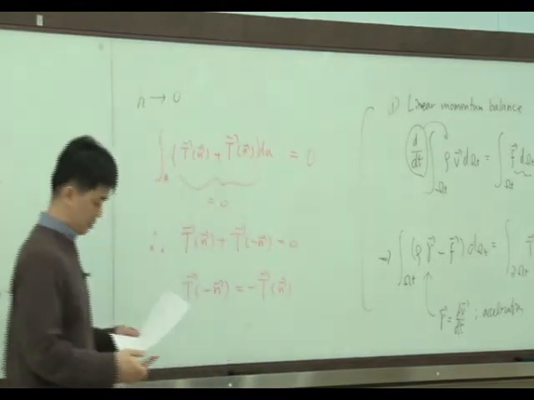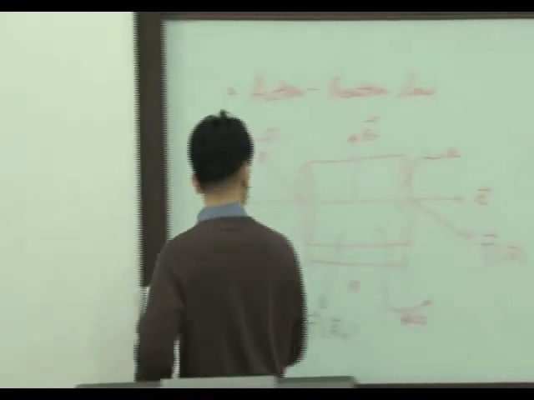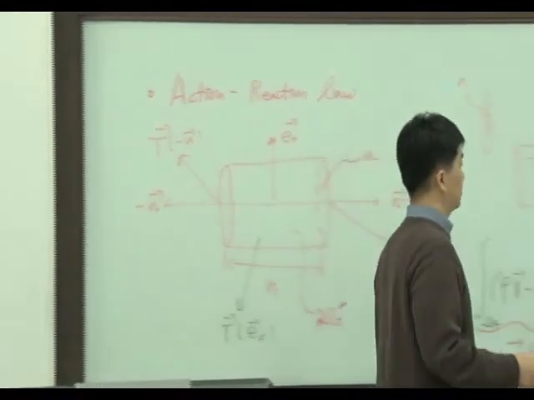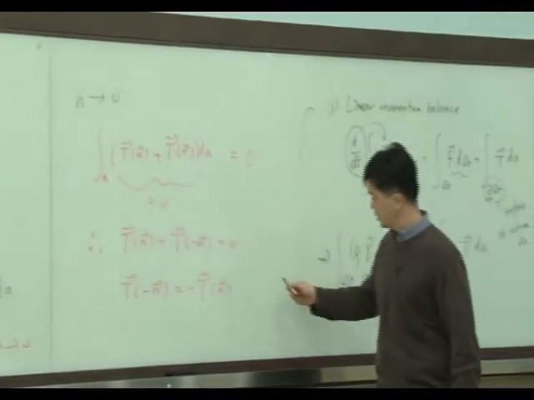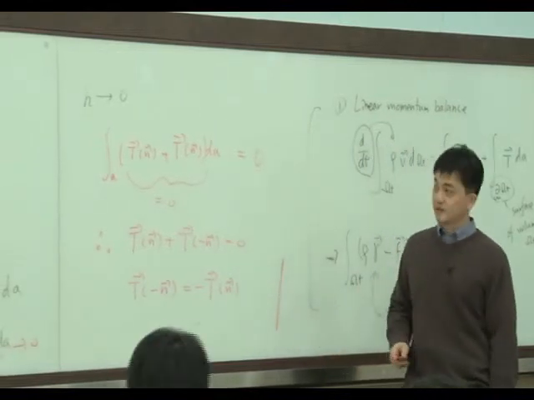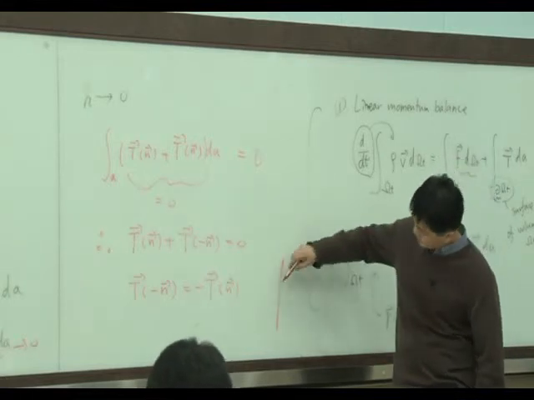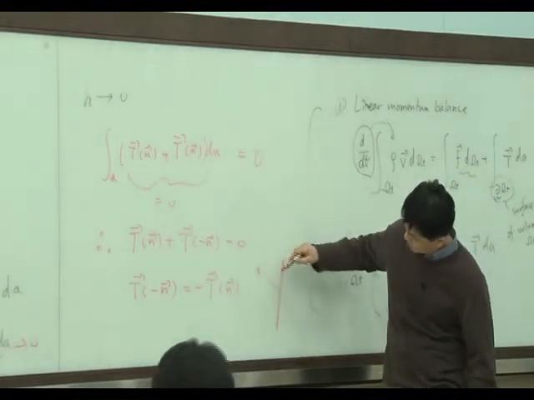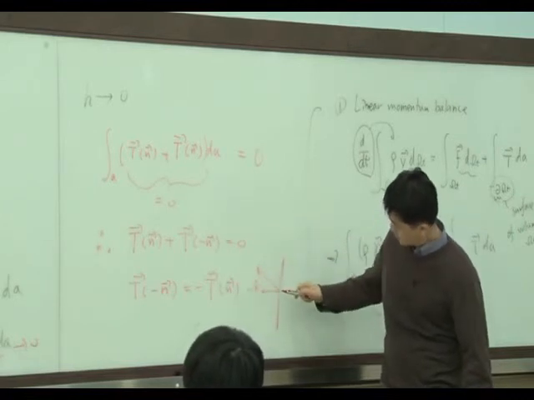What does that mean? What's the physical meaning of that? So the cylinder is almost collapsed, something like that. So here are the faces. This is minus n. This is n.